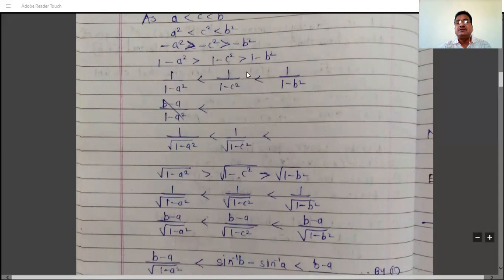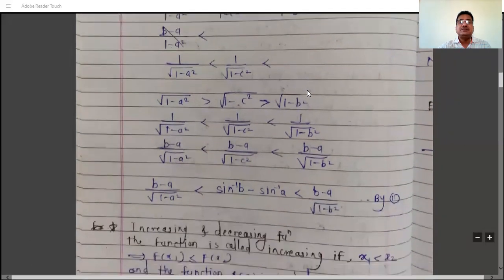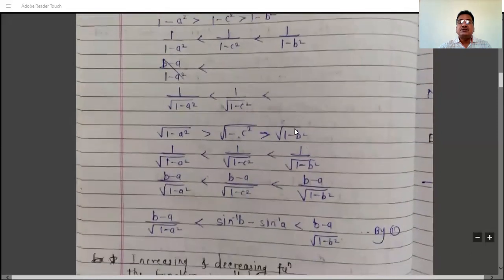1 by 1 minus c square is less than 1 by 1 minus b square. Then taking the square root of all, root 1 minus a square is less than root 1 minus b square. Okay, take the root of all quantities. So don't write these steps.